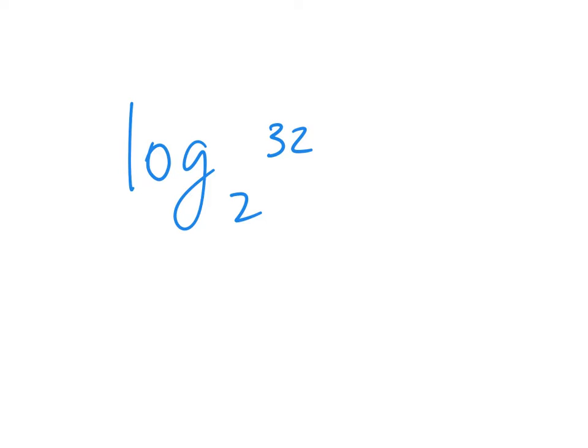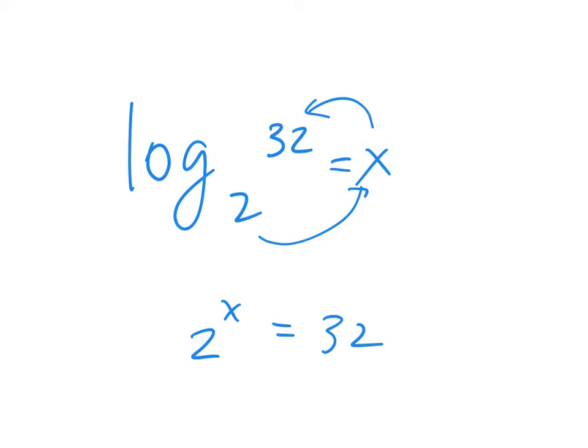Does this remind you at all of this kind of question where it was like 2 to the x is equal to 32? And then you had to replace the 32 with the 2 to the 5th? It's the exact same thing. You know why? Watch, I'm going to go back in time here. When I had this, couldn't I have said equals x? Then couldn't I have rewritten it as 2 to the x equals 32?